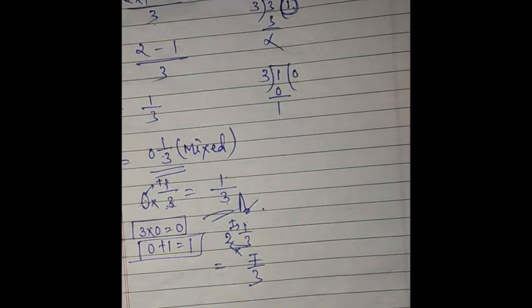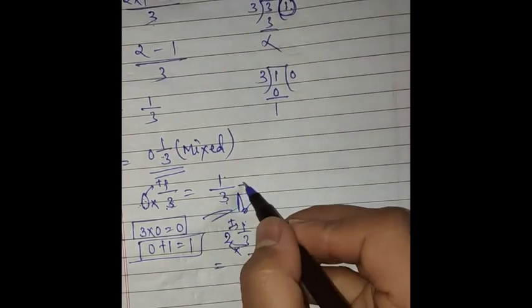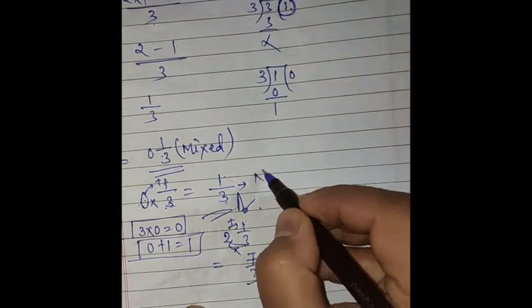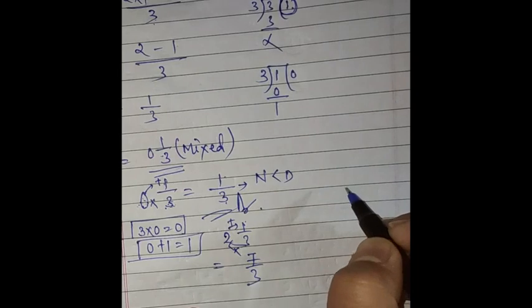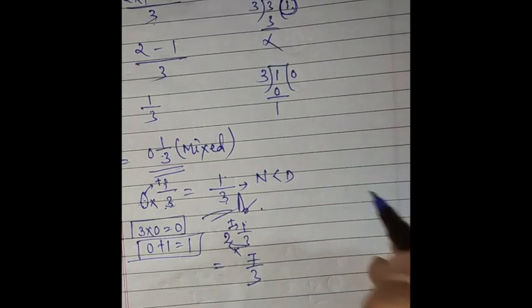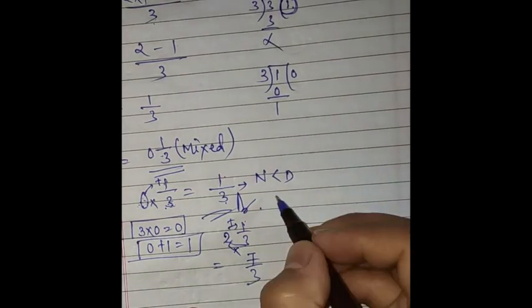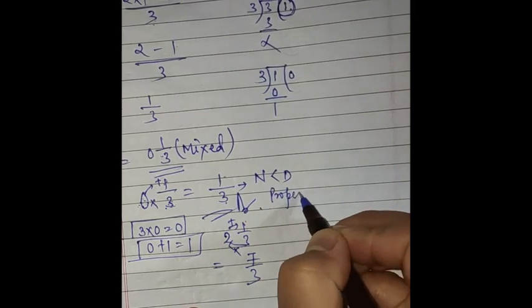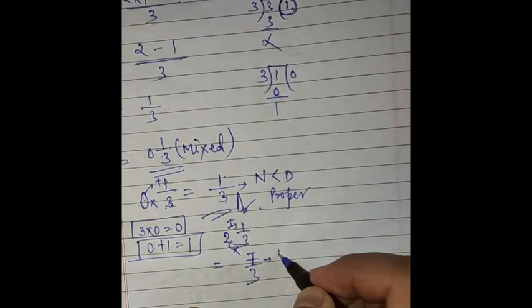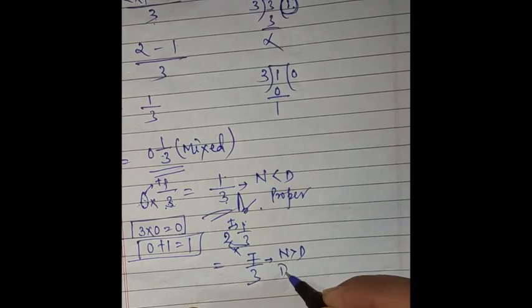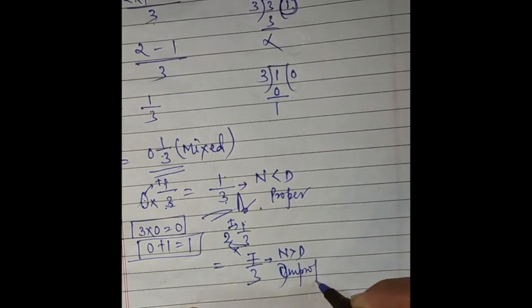Then you classify whether it is proper or improper. So is 1 by 3 proper or improper? You have to say the numerator is smaller than the denominator, right? So if such is the condition, then it is proper. If the numerator is greater than the denominator, then it is an improper fraction.